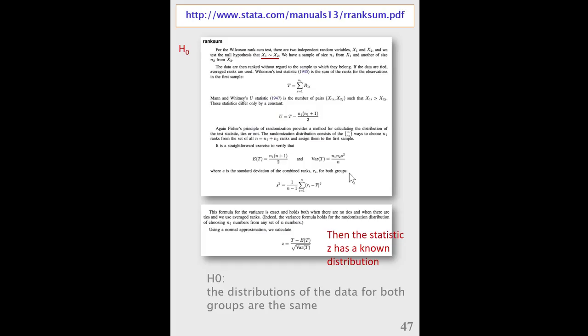Again, way more complicated than we need to know ourselves, but here you see that thing. H0 would be, well, the rank sum of that one group is exactly equal to the rank sum of that other group. And then you can come up with a statistic in the end, right over there, that has a known distribution.